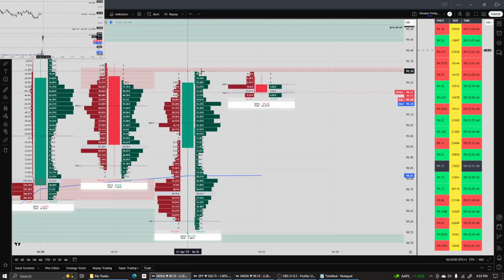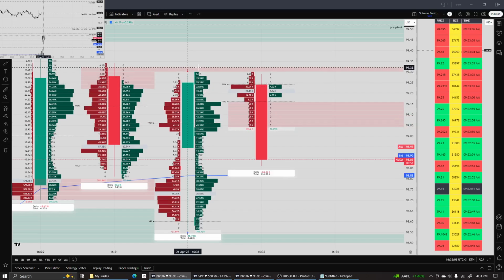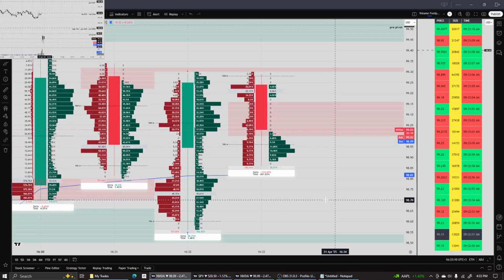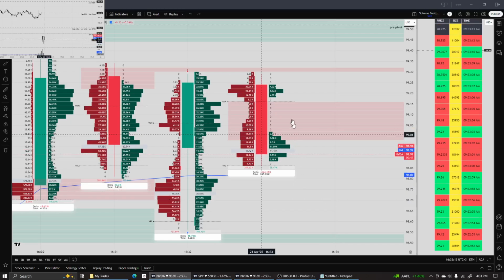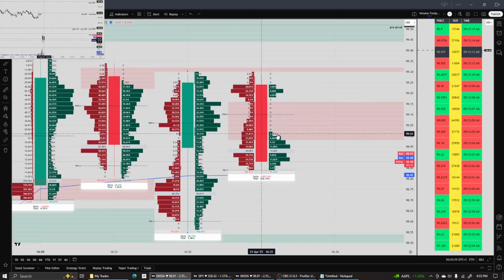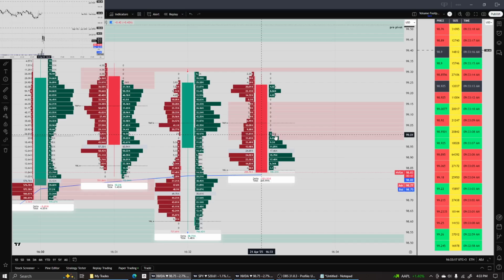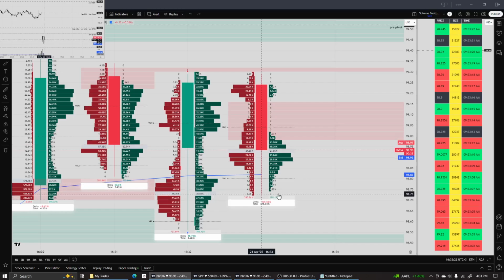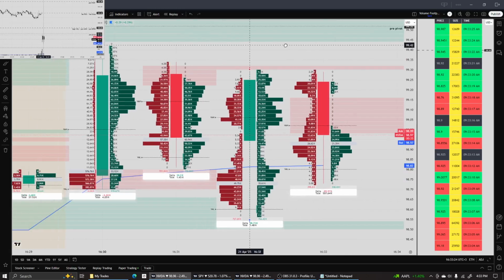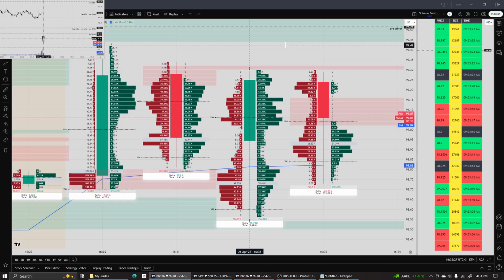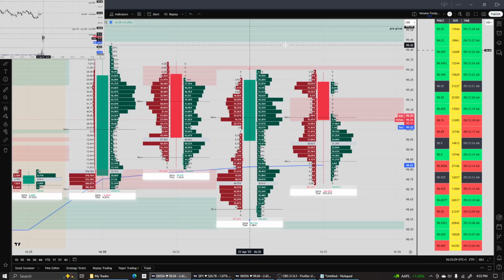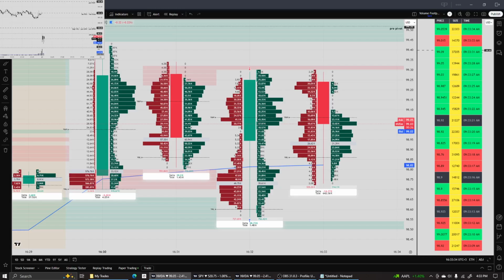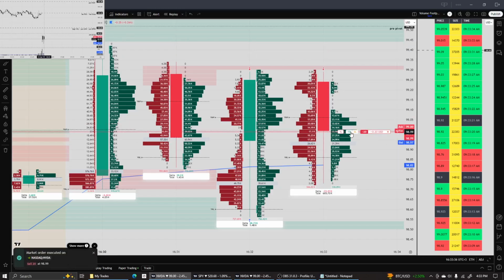Pushing higher, sellers are being exhausted. Delta was positive. Very clear absence of buyers though. Buyers stepped in lower. I think I am still bearish.